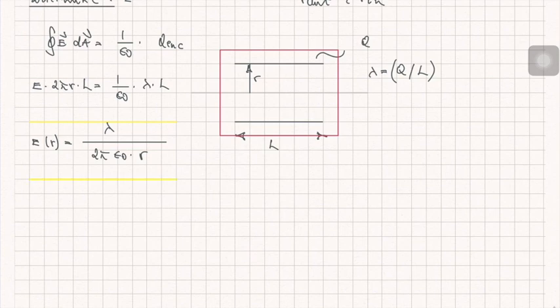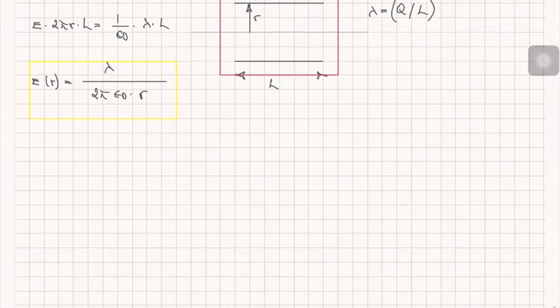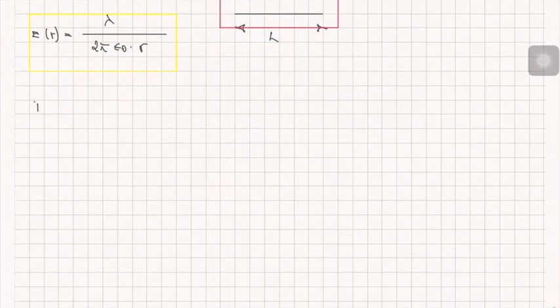which we're now using to calculate the potential difference between two cylindrical shells. Okay. So for the potential, what do we now have?